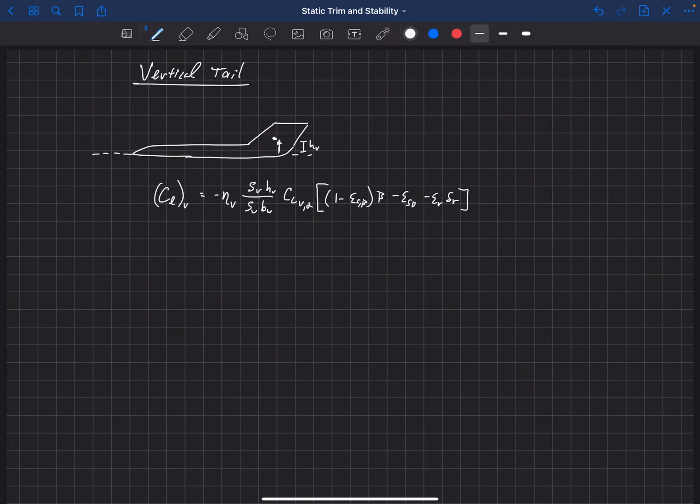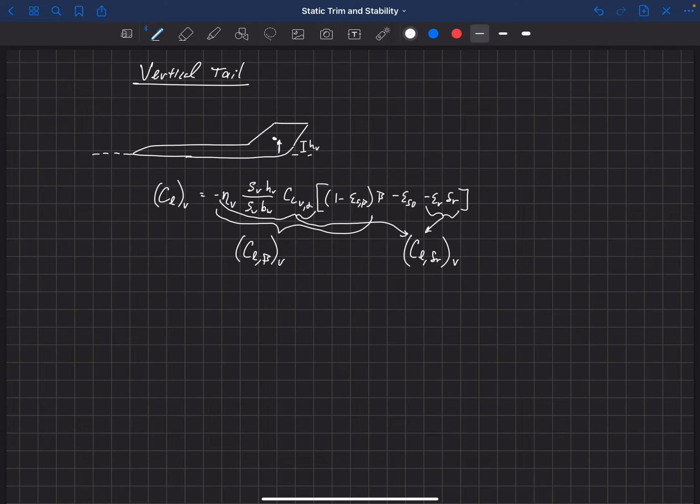And we can then take the derivative of this with respect to beta. So our roll stability derivative from the vertical is actually just going to be all of this stuff right here. So if we take the derivative with respect to beta, we get all of that stuff. And then if we take the derivative with respect to delta r, our change in rolling moment with respect to rudder deflection due to the vertical, it would be all of this comes in here multiplied by this guy here.